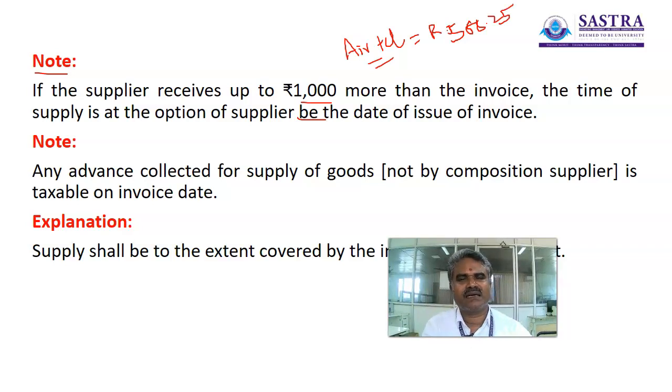Usually, being a customer, I will pay 600 rupees, rounded off. The balance 11.75 will be adjusted against the next bill.